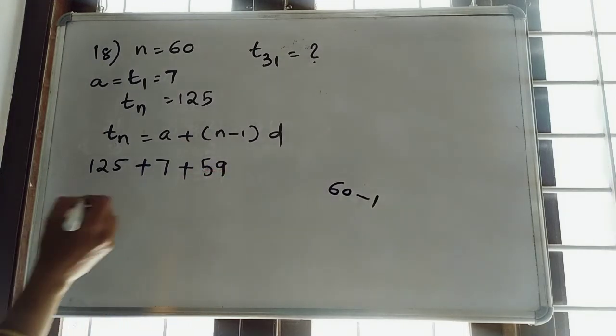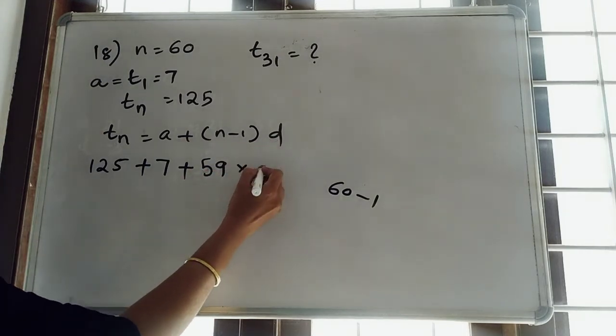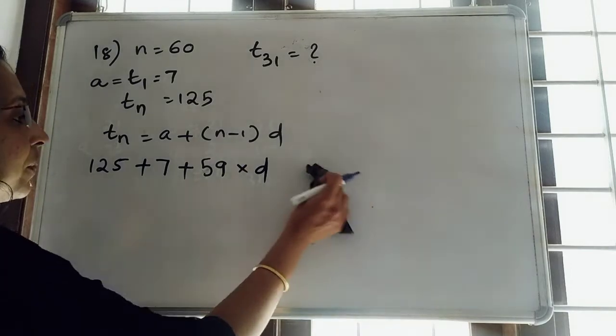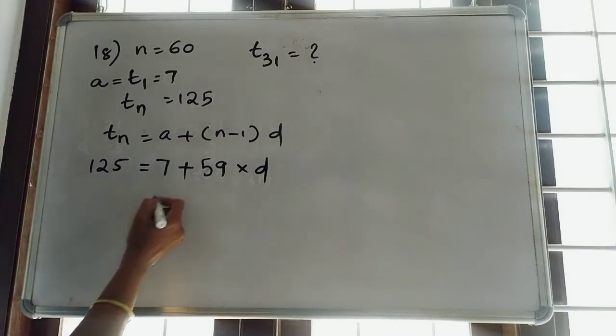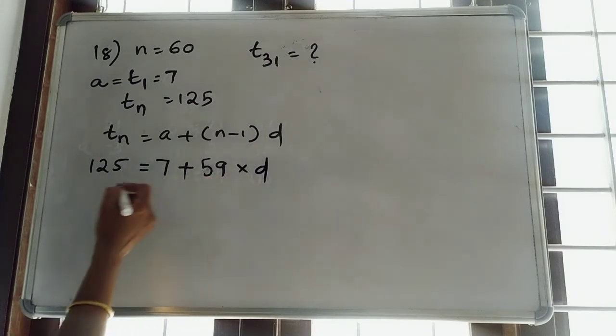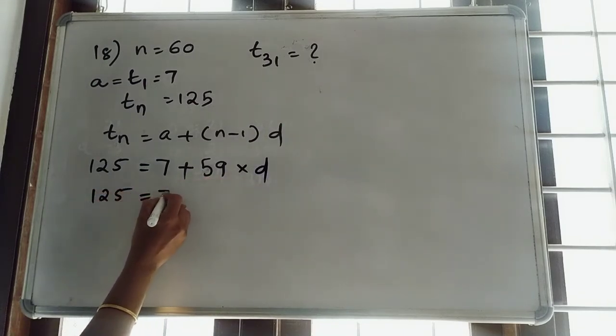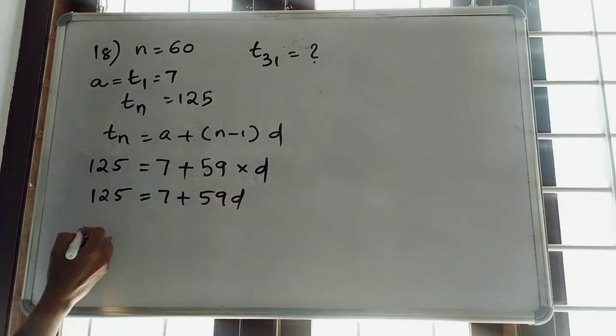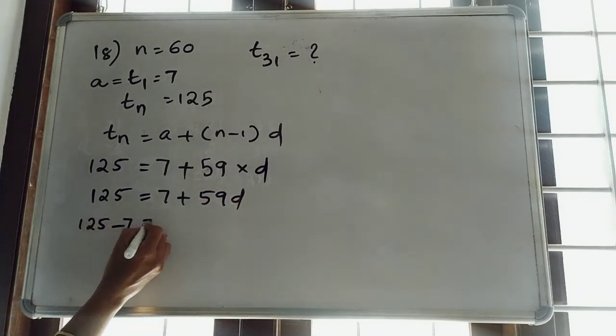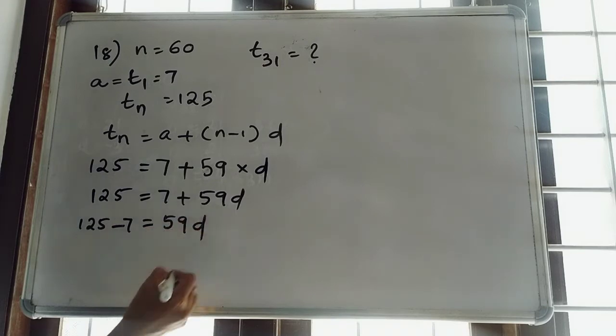Do we have the common difference? We don't have it, so let it be d itself. So 125 is equal to 7 plus 59d. Take that 7 to the left side: 125 minus 7 is equal to 59d.